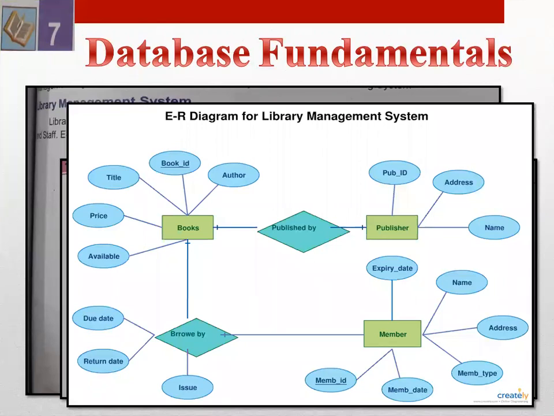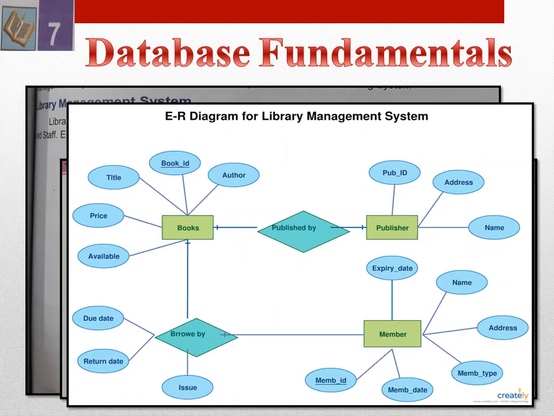So here is the colorful representation of an ER diagram for a library management system. Books are an entity, borrowed by members and published by a publisher. So books are borrowed by members and books are published by a publisher.